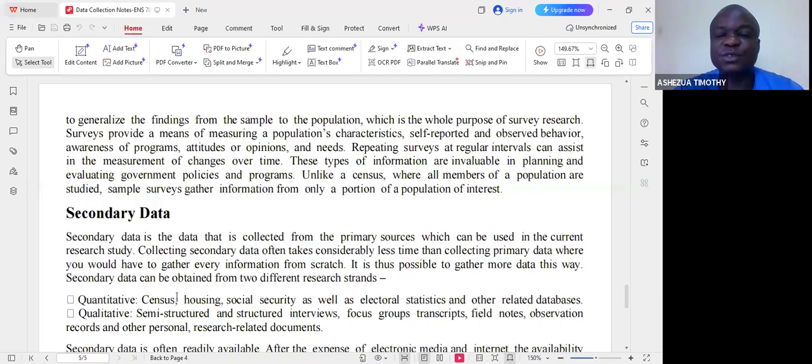The quantitative approach will involve census, housing, social security, as well as electoral statistics and other related databases, while qualitative is semi-structured and structured interview, focus group, transcripts, field notes, observation records, and other personal and related research-related documents.